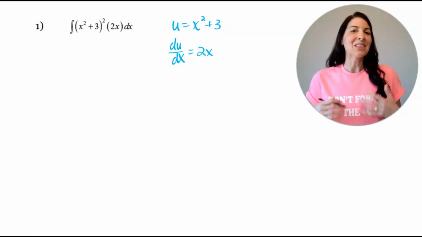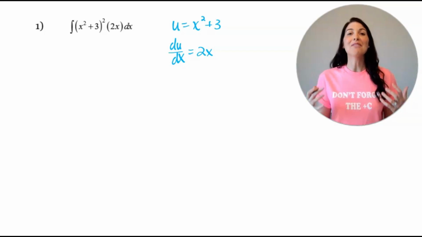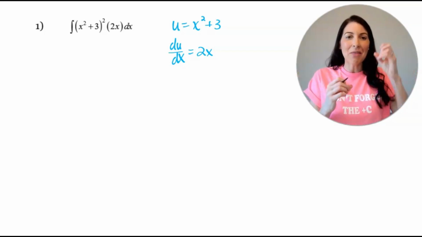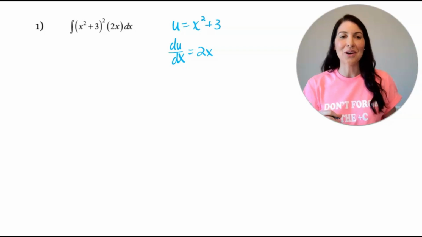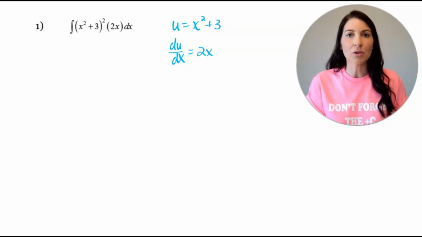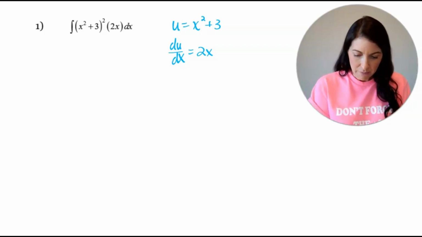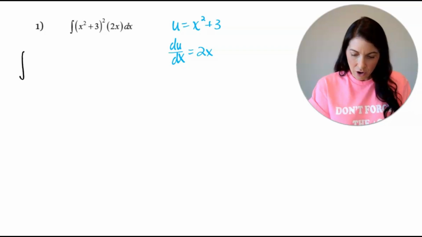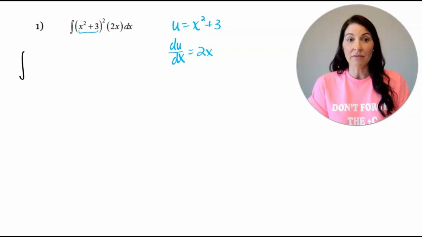And then I love these questions because it reminds me of a puzzle. You know, you're putting together your u and your du to write a new integral just with u. That's our goal, to write a simple integral only using the variable u. So as I set up my new integral, I know that this x squared plus 3, that quantity, is what I defined as u.